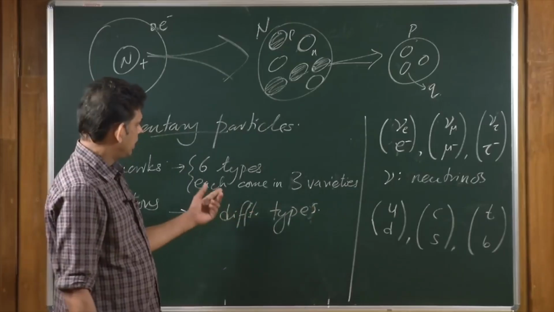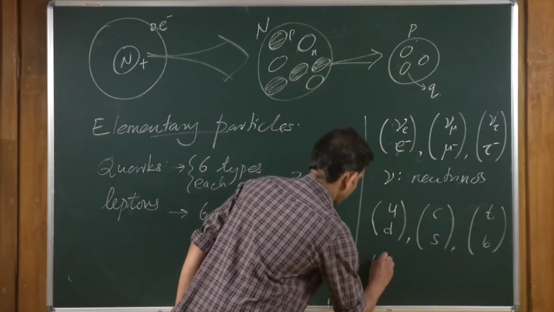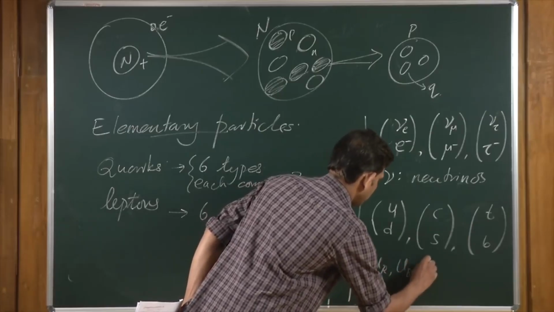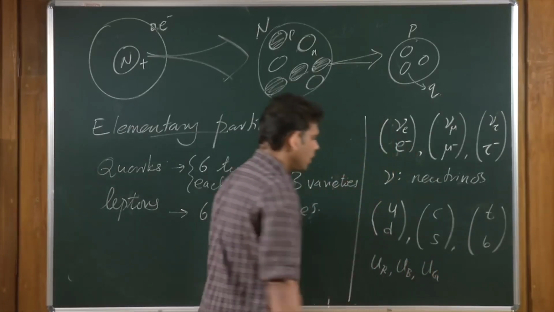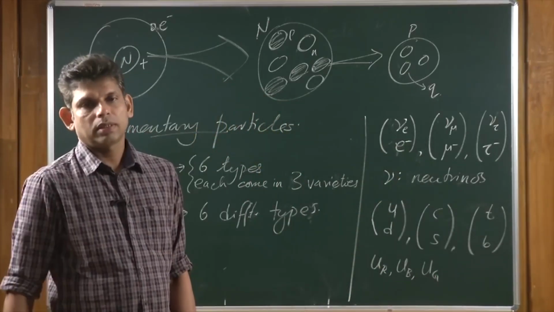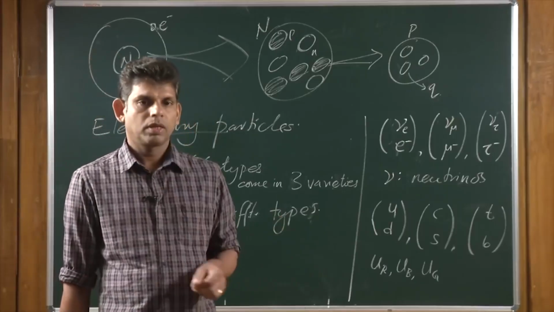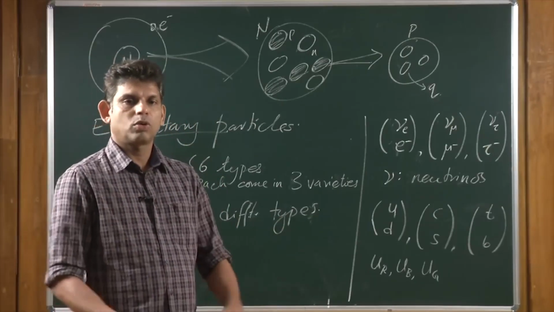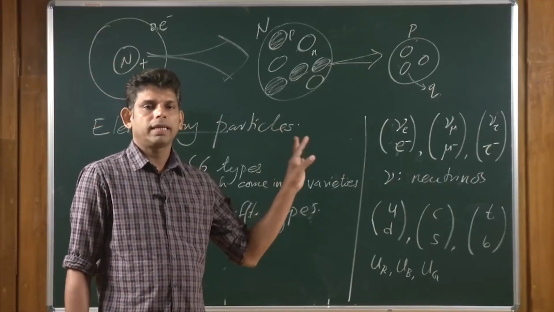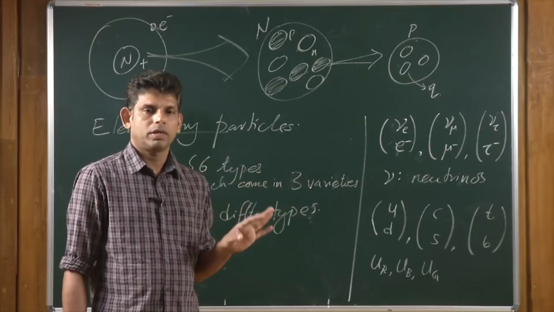Each of these actually comes in three different varieties. U itself comes in U red, U blue, U green, three labels. It is conventionally called color charge, and again there are reasons to call it color. It has nothing to do with the photons or the light or the color that we see in day to day life.